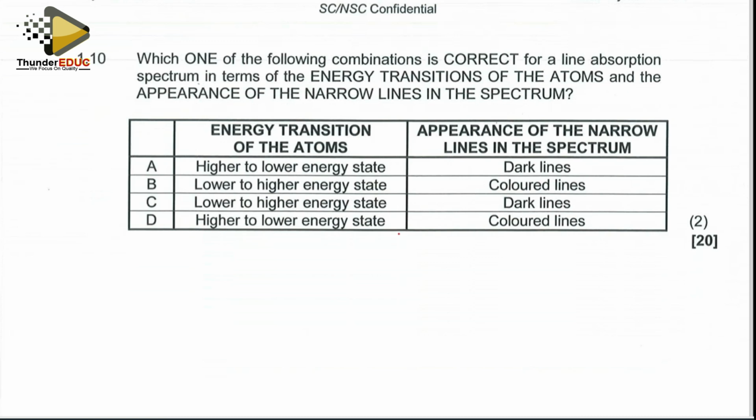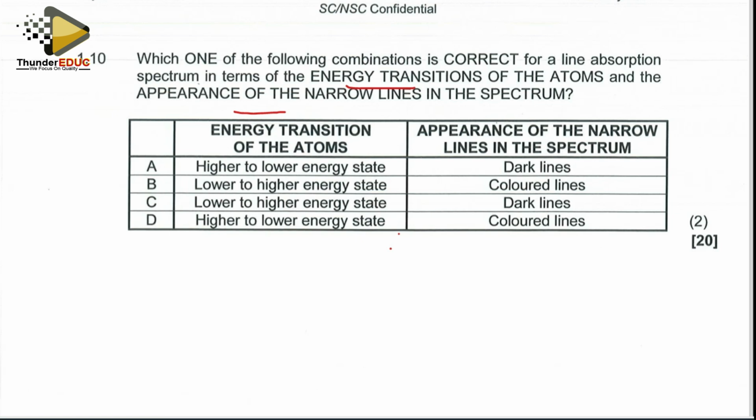1.10. Which of the following combinations is correct for a line absorption spectrum in terms of the energy transitions of the atoms and the appearance of the narrow lines? Okay, so we know that whenever there is an absorption spectrum, for as long as the particles or the electrons gain energy, they'll move from lower energy levels to higher energy levels.